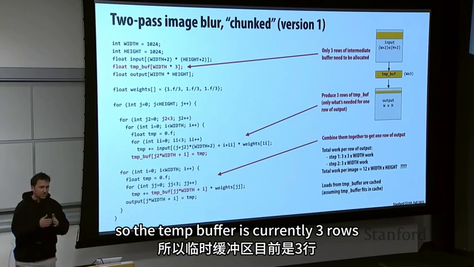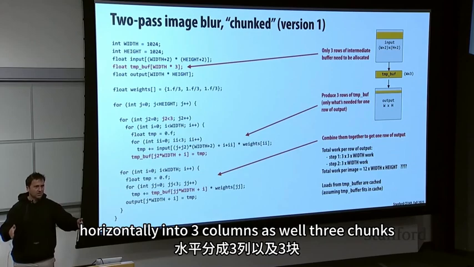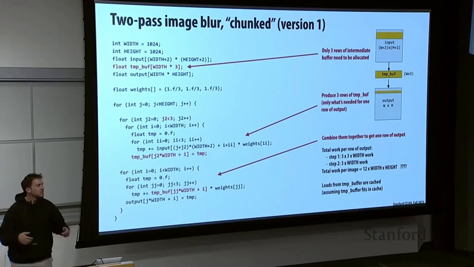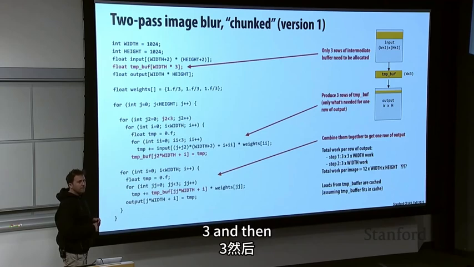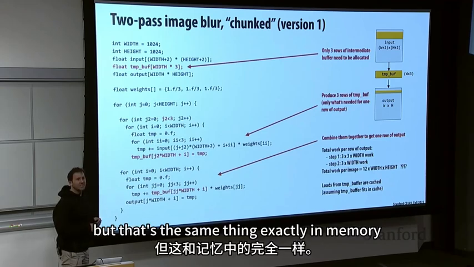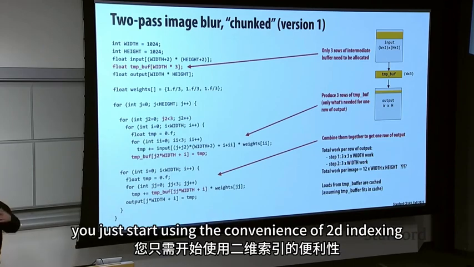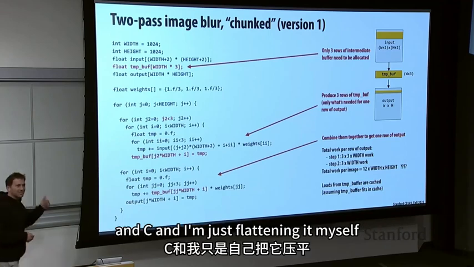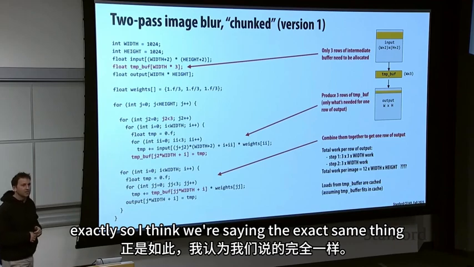So the temp buffer is currently 3 rows, and you're proposing to cut it horizontally into 3 columns as well, 3 chunks? I'm proposing temp buffer right now is width times 3, so you just make a temp buffer of 3 of width. So it's a 2D array with 3 and then width. But that's the same thing exactly in memory. Yeah, that's exactly the same. You just are using the convenience of 2D indexing in C, and I'm just flattening it myself. But under the hood, the compiler would flatten it exactly. So I think we're saying the exact same thing.